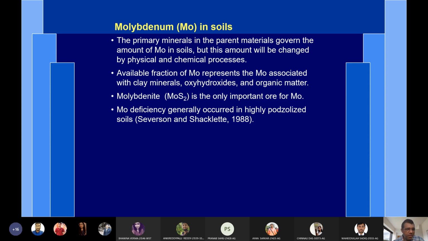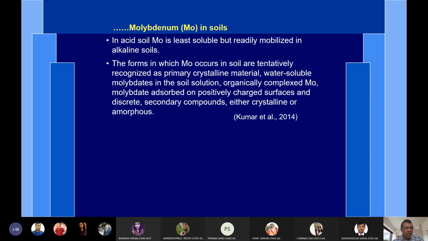Molybdenum sulfide, molybdenite, is the only important ore for molybdenum. This is the ore, MoS2, molybdenite. Molybdenum deficiency generally occurs in highly podzolized soils. In acid soils, molybdenum is least soluble but readily mobilized in alkaline soils.